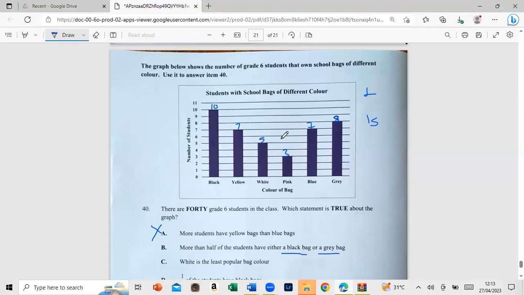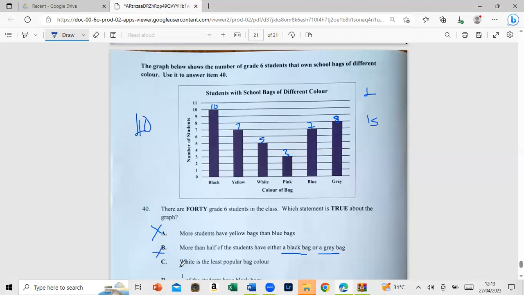Why am I getting 43? Let me check again. It's a 10, a 7, a 5, a 3. Right here a 7. 8 and that's 15, 18, 23, 30, 40. Okay, so it's 40. So 15 is less.